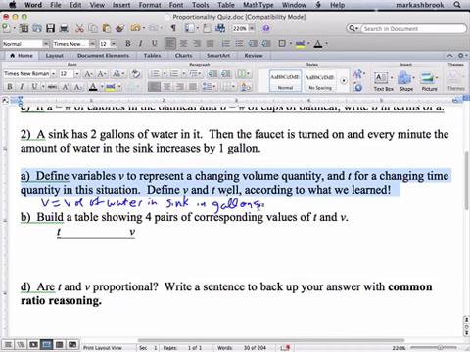Okay, T is? Okay, yep, that's good. He said time the faucet's been running since the beginning, in minutes. Or you could say time elapsed since the faucet was turned on. That's good too.